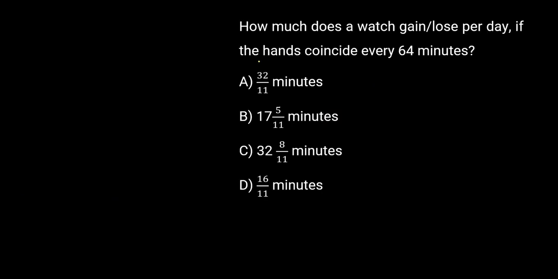See, if the watch is working, it will coincide every 65 5/11 minutes. But this watch is coinciding every 64 minutes. If you just check the timings, at 12 o'clock the hands coincide. The next time is at 1:05 5/11. The next time it will coincide is 2:10 10/11.